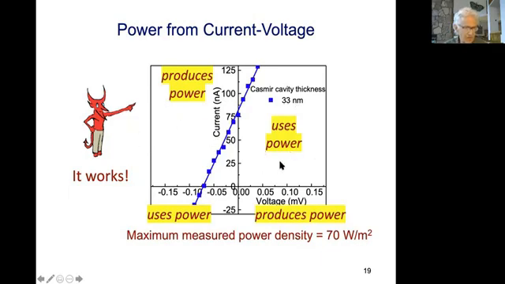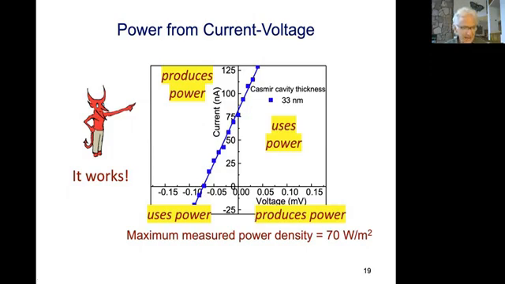And there are 4 quadrants in the curve. So if your curve falls in this quadrant, as in up here, you're using power. If you fall in the 2nd quadrant or the 4th quadrant, then you're actually producing power, and this one is using power. And in fact, our devices put out about 70 watts per square meter, which is actually not bad for little test devices. That's close to what a solar cell puts out, which is perhaps 200 watts per square meter.